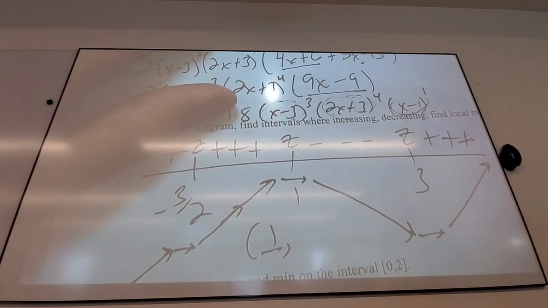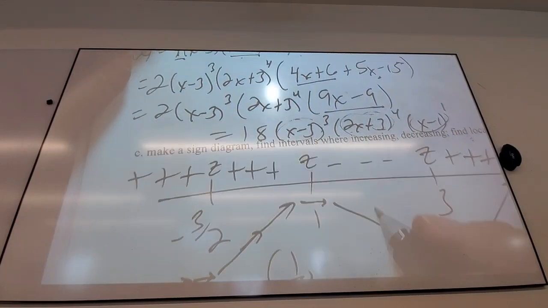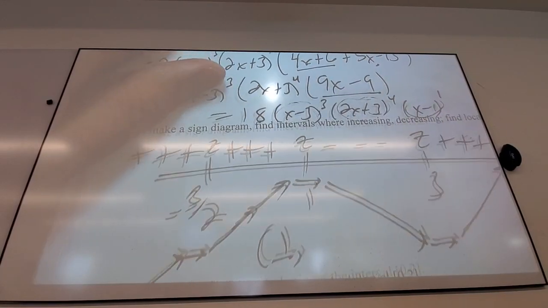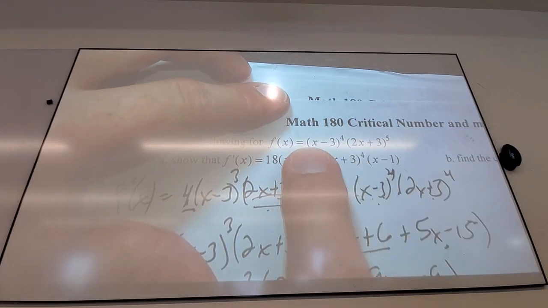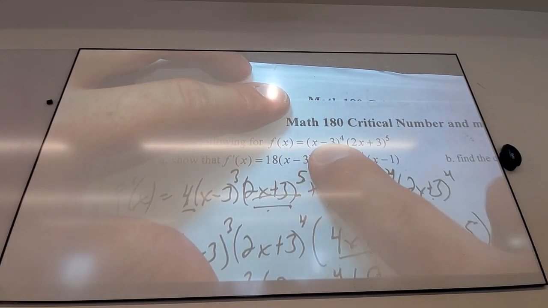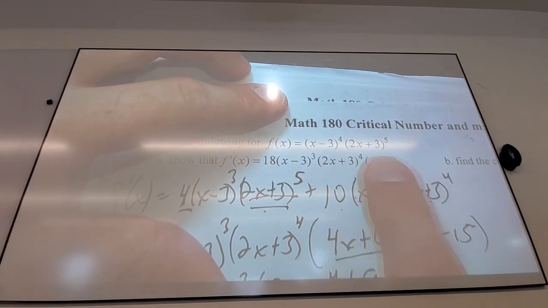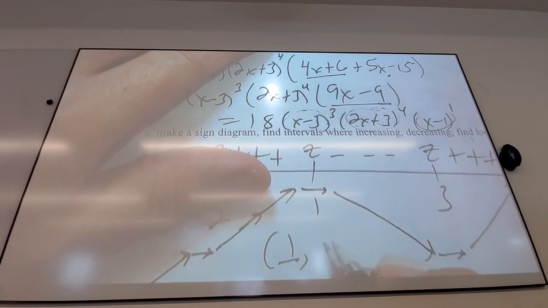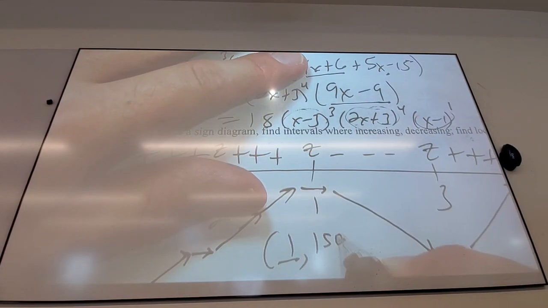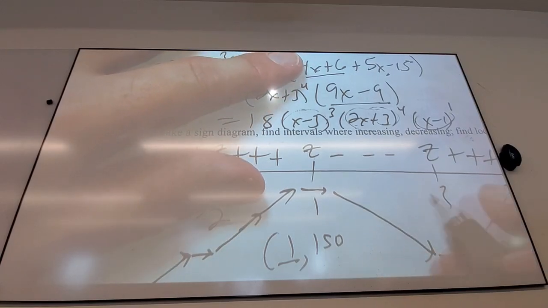So it's got a max at 1 comma what? If you plug a 1 in here, you get negative 2 to the 4th, so I get 16 times 6 to the 5th. So 50,000? 500? Okay.